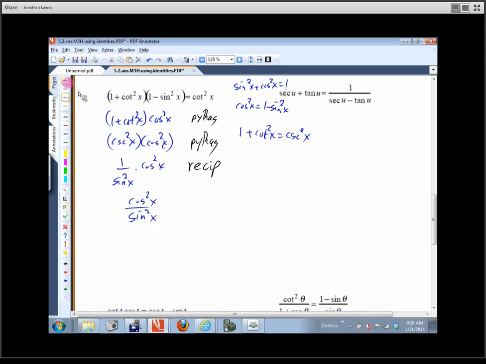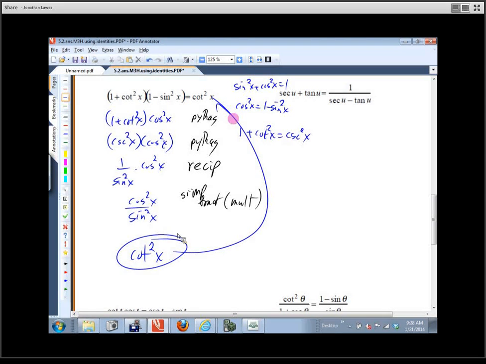Okay, and if you had to write down a reason for that, we're basically just simplifying fractions. Okay, we're multiplying them. Good? You could just write simplify. And then the last thing we do is we say, well, this is cotangent squared x. There's the answer, and the reason for that is quotient identity.